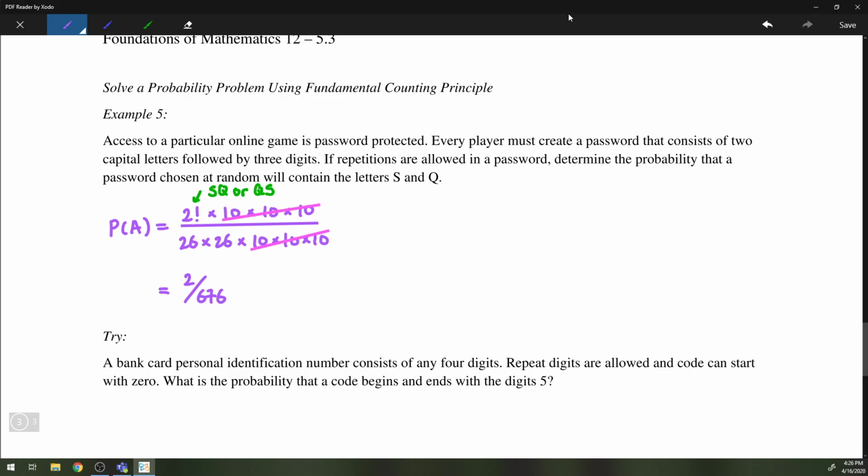And then you can, of course, write this as a percent. That will be 0.296%. Simply divide and then multiply by 100 to get the percentage probability.